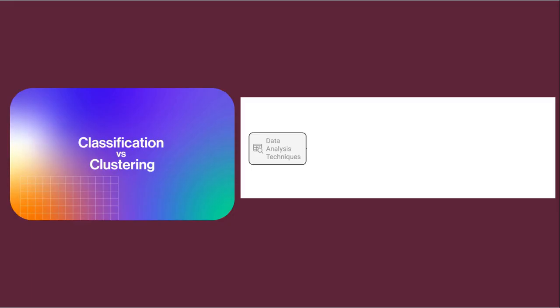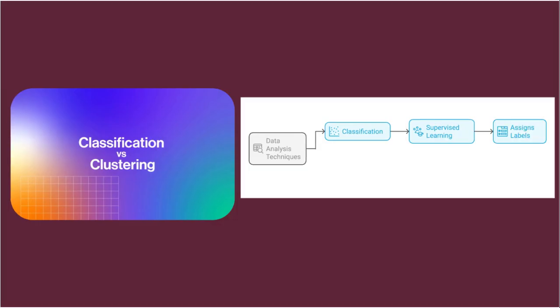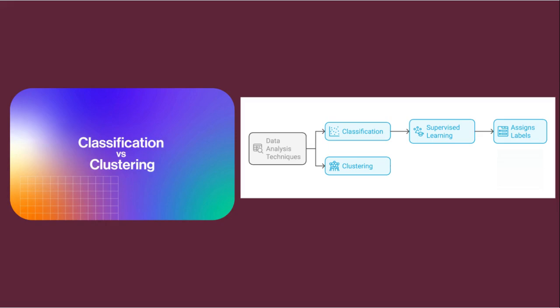Once models are trained, they use classification and clustering to organize and make sense of incoming data. Classification. This is used in supervised learning. It assigns labels to data points, for example, classifying an incident as critical, warning, or normal. Clustering. This is used in unsupervised learning.